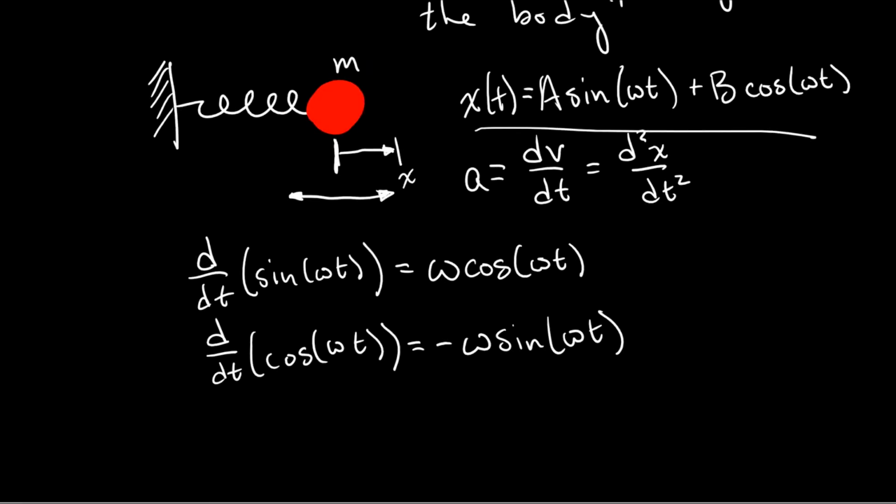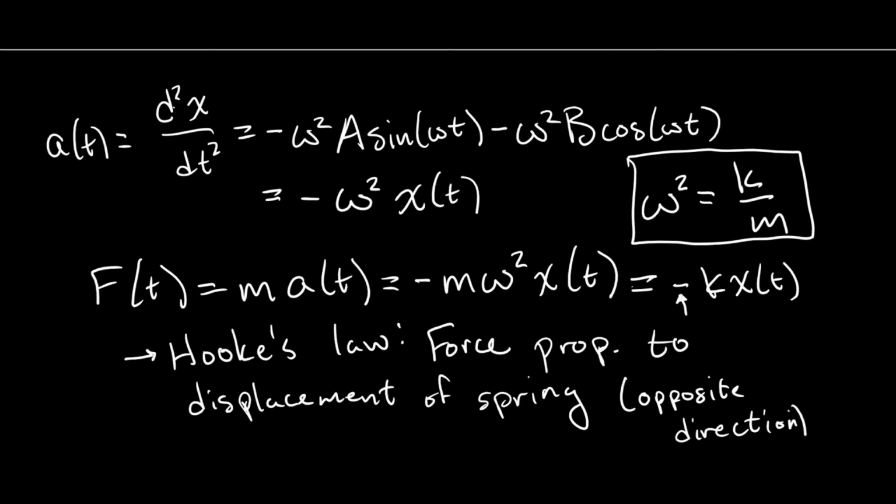Well, I can measure omega for that mass, and once I know omega and the mass, I can find k. And k doesn't depend on the mass of the object. It's just something that's inherent to the spring. So once I measure this for a single mass, I know k, and I can apply it wherever I want.